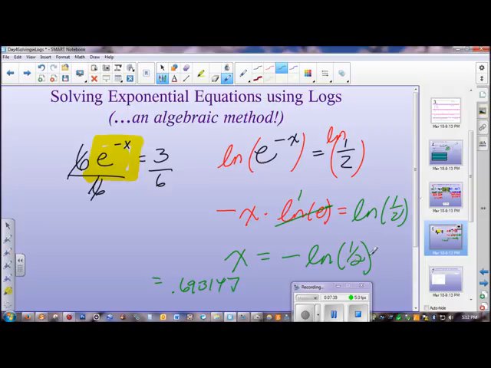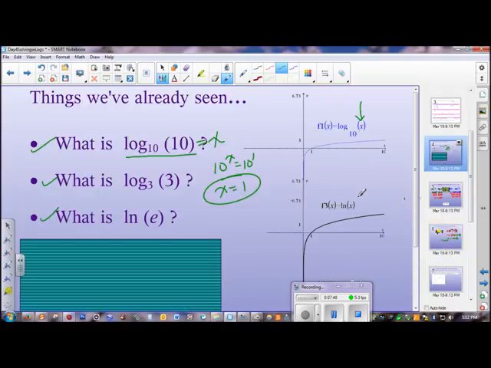I'm going to go back and look at that graph for just a minute, because this result may surprise you in that it's positive. Well, don't forget we negated the natural log of 1/2. If we take a look at our log functions, we see that they both go through the point (1, 0), which means any x greater than 1 would give us a result above the x-axis, a positive value, and any x between 0 and 1 would give us a negative value, something below the x-axis.